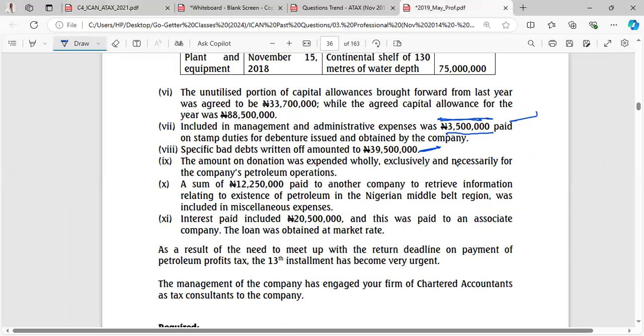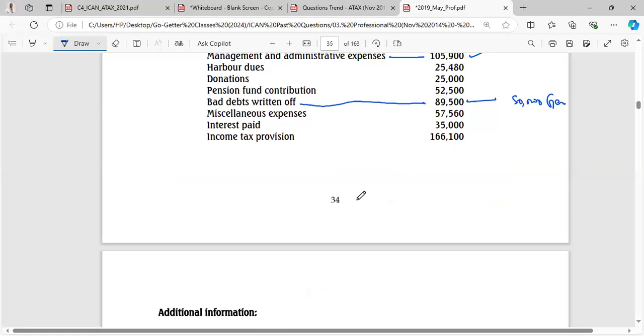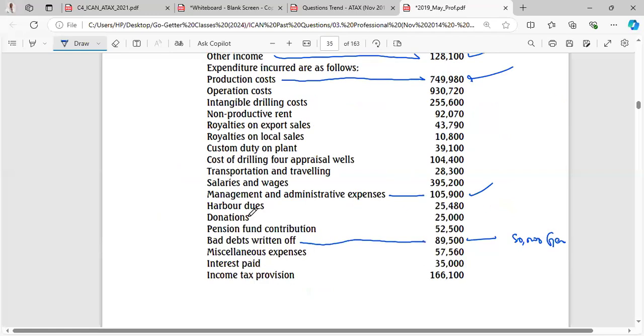wholly, exclusively, and necessarily expended for company's petroleum operation. So we can allow it.